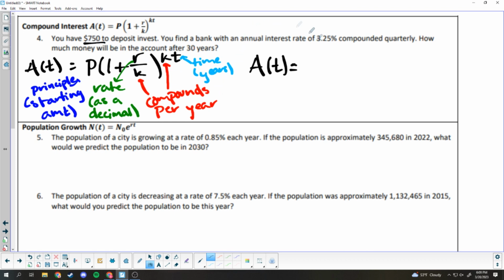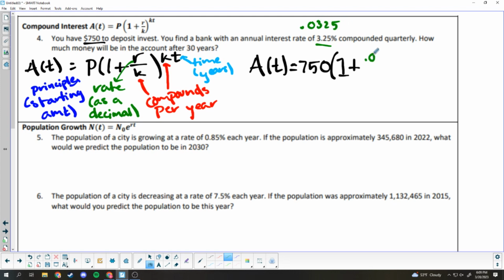much I invested at the beginning, $750, times 1 plus my rate, which is 3.25%. As a decimal, that's move the decimal place 2 to the left, 0.0325.